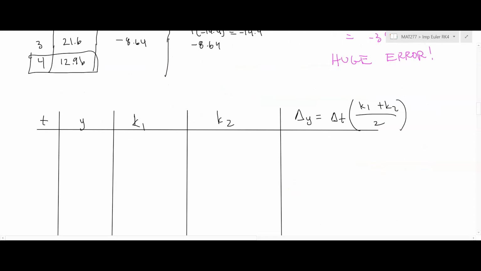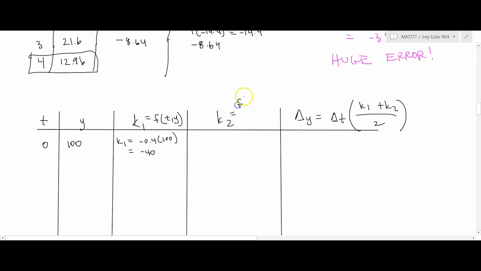Okay, so at time 0, we know that there were 100 elk. To get K1, this is the same process as Euler's method. It's just your f of t and y, whatever your current t and y is. K1 is just the slope at that point, which is -0.4 times 100, which comes out to -40. But K2, recall, is the funky one.